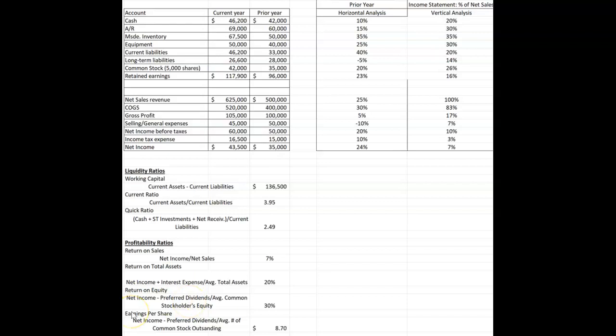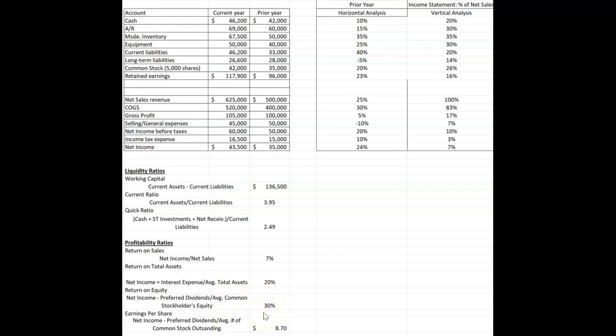We deduct the preferred dividends because these dividends have to be paid first before any money is available to the shareholders. So we'll take net income minus preferred divided by average common stockholders' equity. And again, this is simply the beginning of the year plus the end of the year divided by 2. It's a very simple average. So we got 30% there.